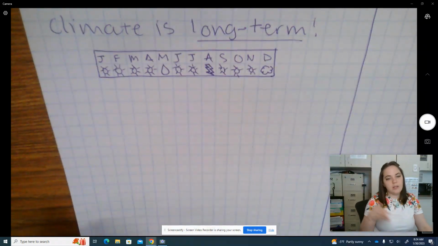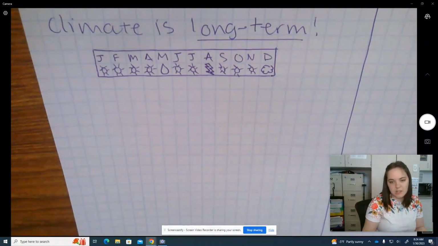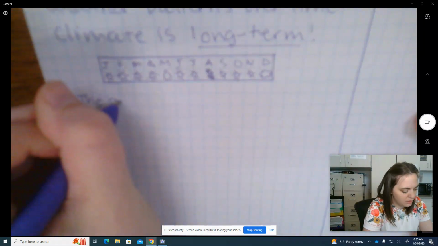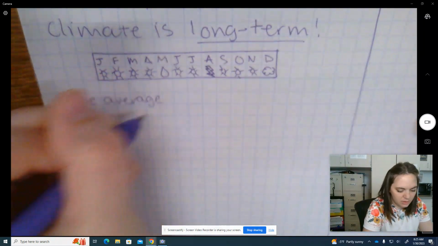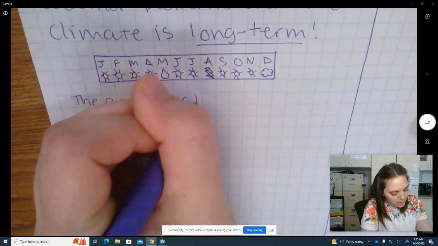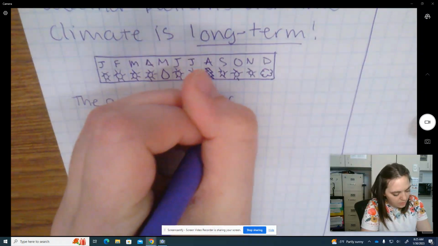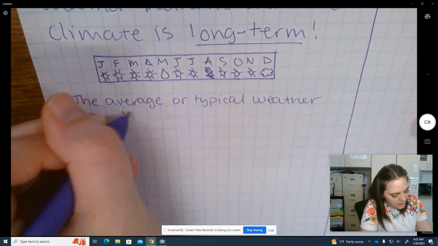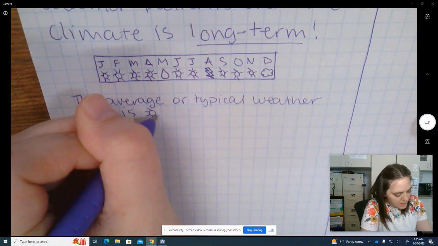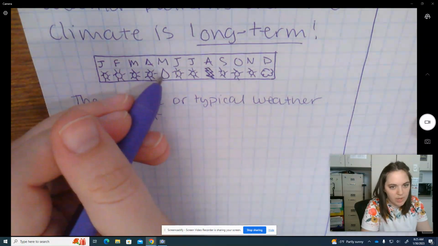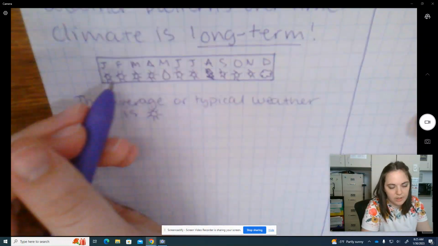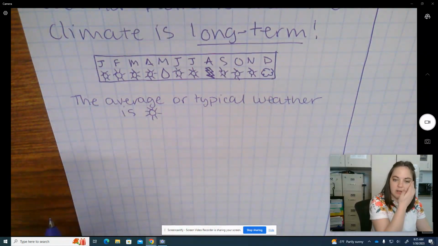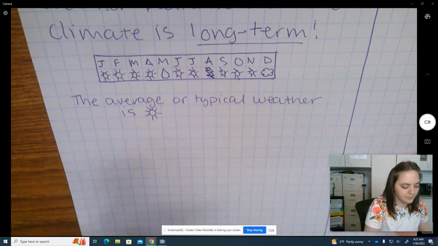So if we have what the weather was like each month, we say, okay, the average or typical weather is sunny, because that's mostly what we have in this right here, sunny, okay? So the average or typical weather is sunny.